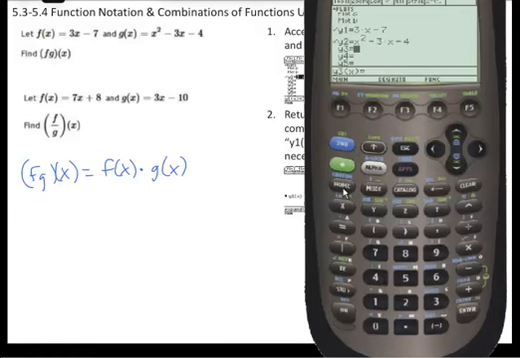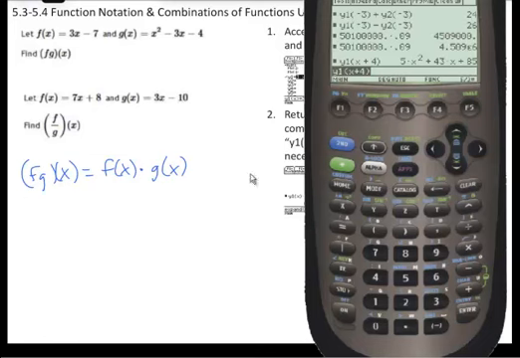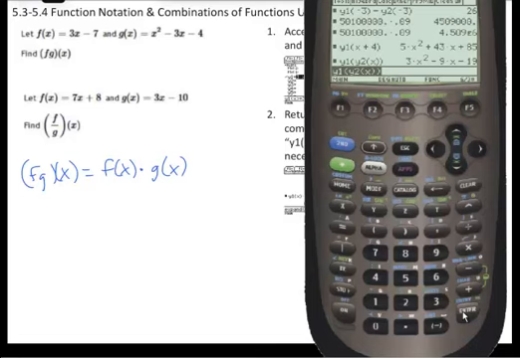Once we get those entered into our y editor, we can go back to our home screen and just type what we have. We're taking y1 of y2 of x, close that off, and hit enter, and it evaluates that for you.